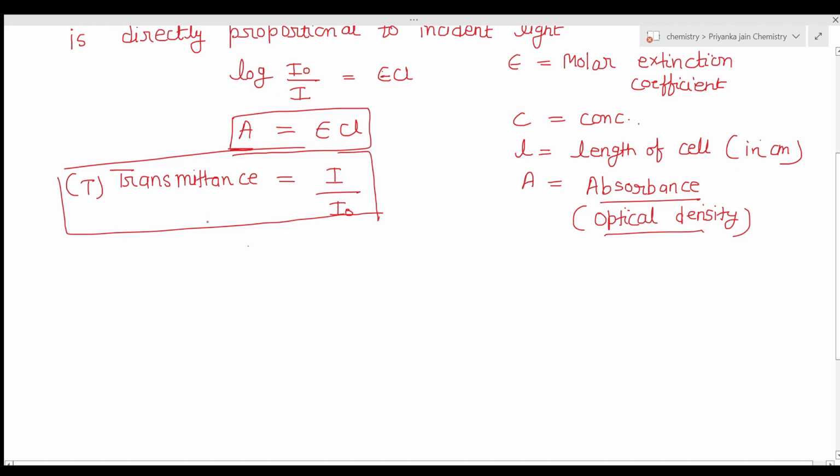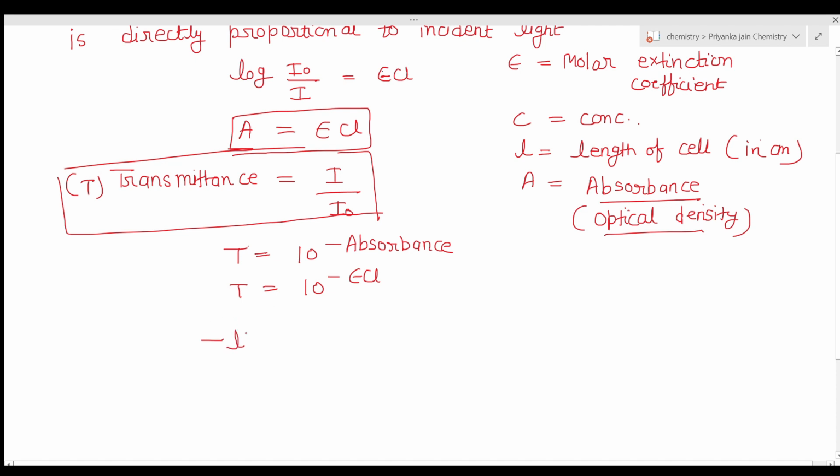If we match these two equations, we get transmittance T is equal to 10 to the power minus absorbance, or we can write T is equal to 10 to the power minus epsilon CL. Any of the formulas can be used when you are given numericals.